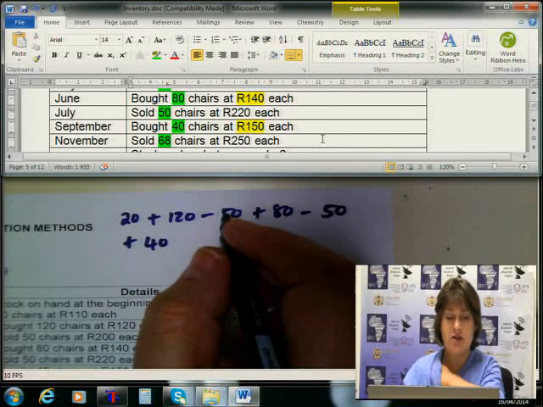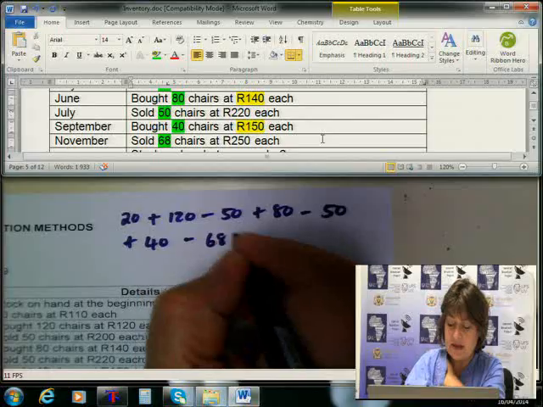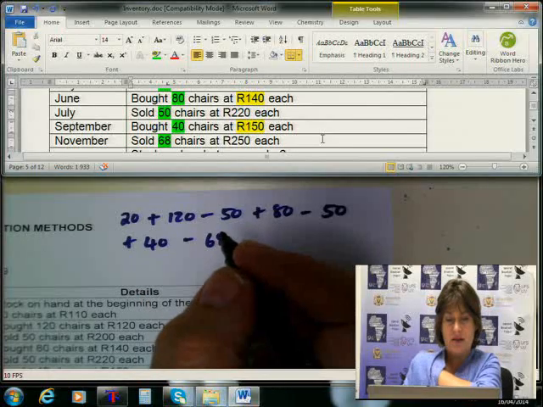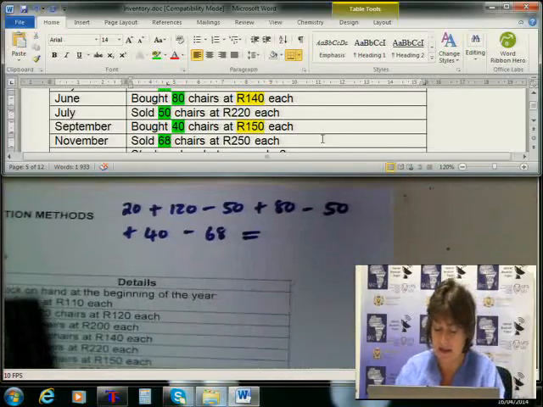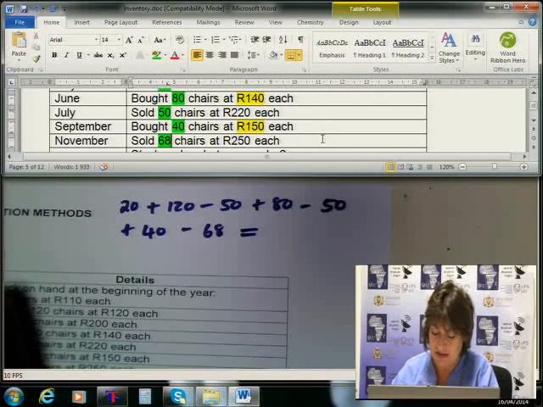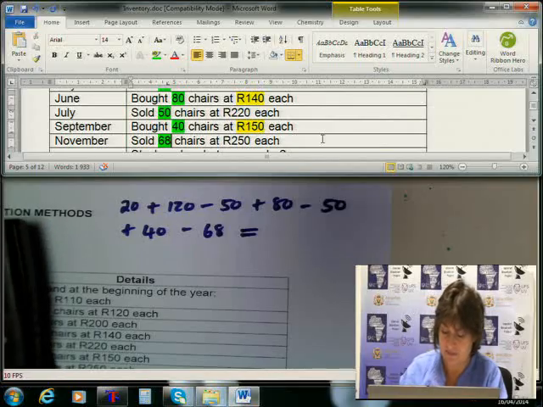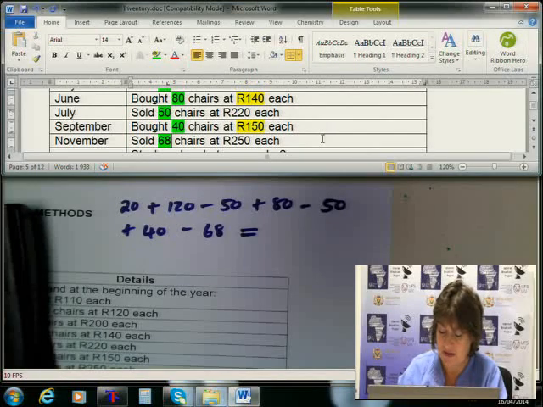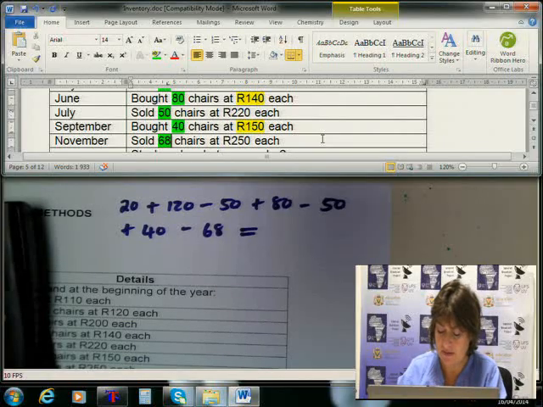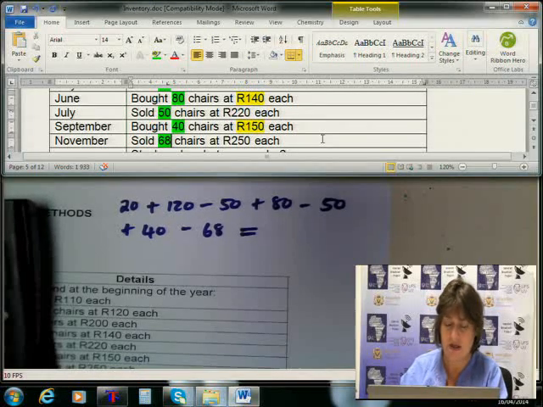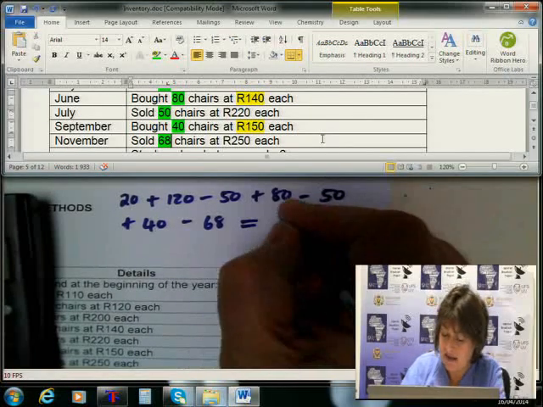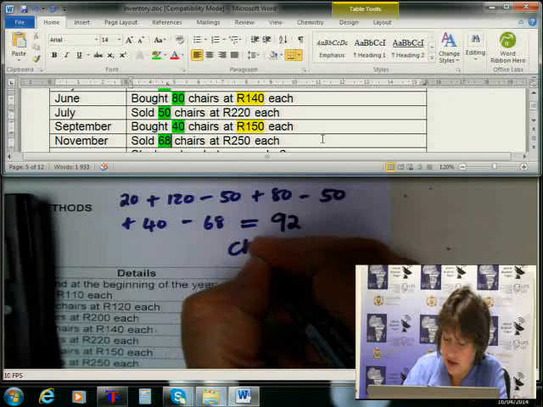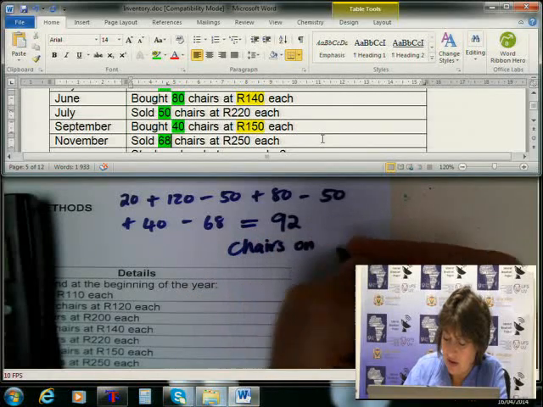In November, we sold another 68. So the chairs that we've got on hand is basically this calculation: 20 plus 120, minus 50, plus 80, minus 50, plus 40 that we bought, minus 68 gives us 92 what? Chairs on hand.